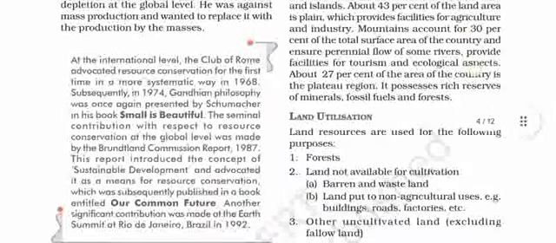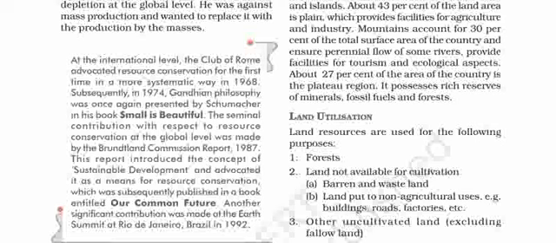At the international level, the Club of Rome advocated resource conservation for the first time in a more systematic way in 1962. Subsequently, in 1974, Gandhian philosophy was once again presented by Schumacher in his book Small is Beautiful. The seminal contribution with respect to resource conservation at the global level was made by the Brundtland Commission Report 1987.